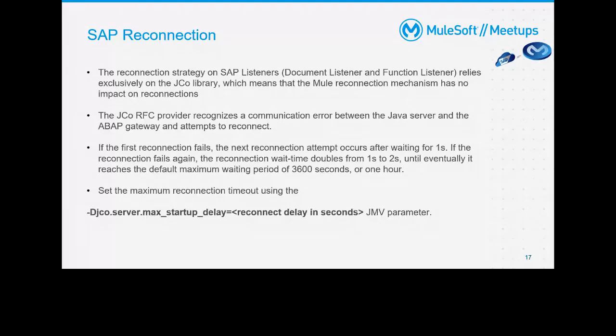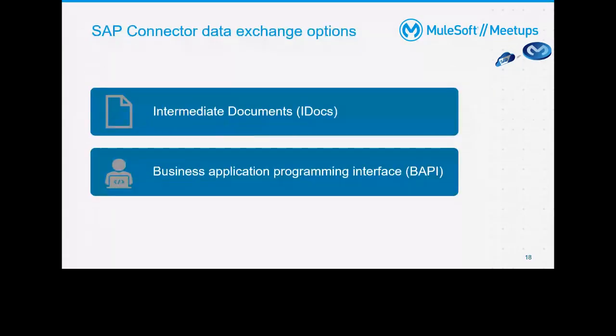For additional fine-grained configuration, you can refer to the documents. Next, we come to the data exchange options available in SAP. There are two types of data exchange options, as I said earlier, IDoc and BAPI function. IDoc is a standard format defined by SAP for the exchange of information between SAP and non-SAP applications.